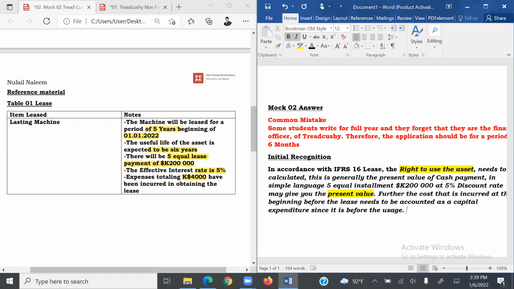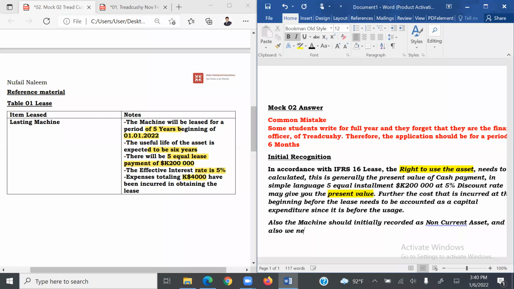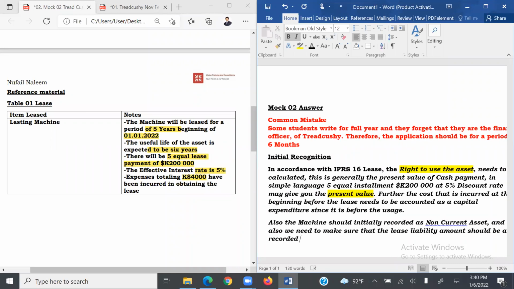Also, the machine should be initially recorded as a non-current asset, and we need to make sure that the lease liability amount is also recorded in the statement of financial position.